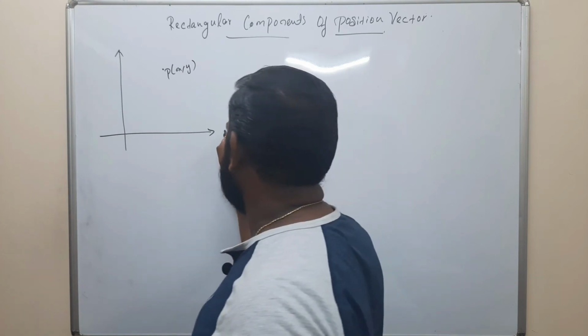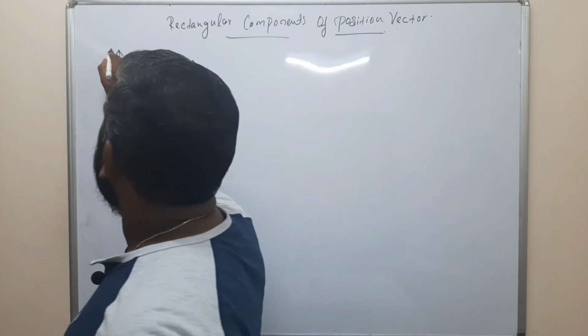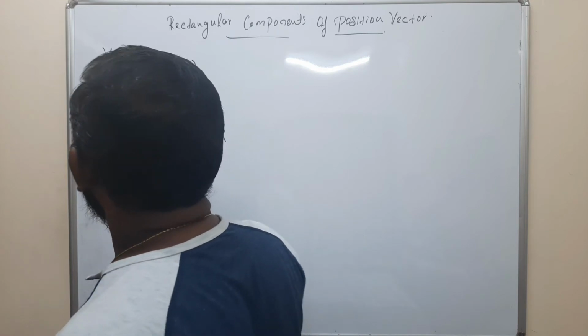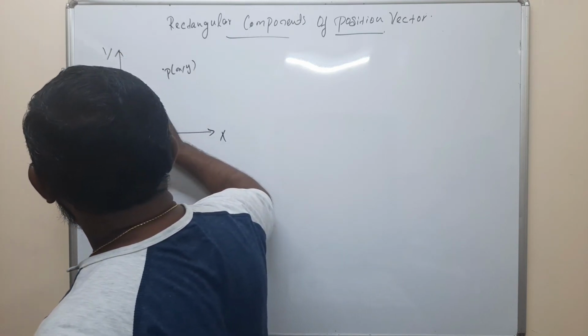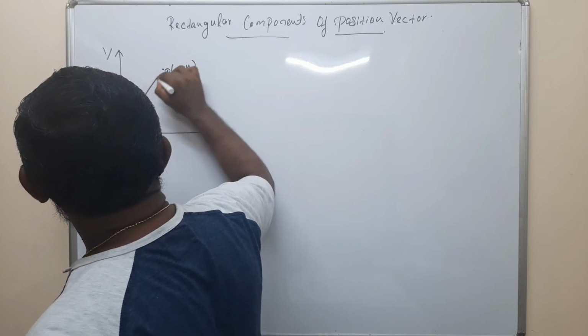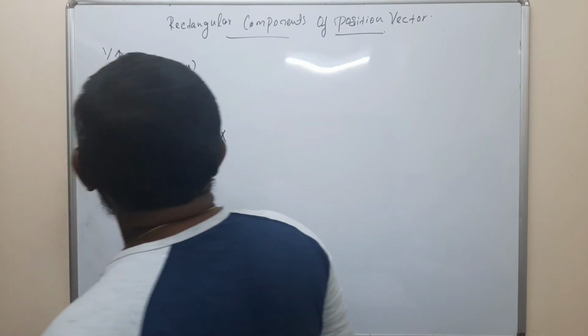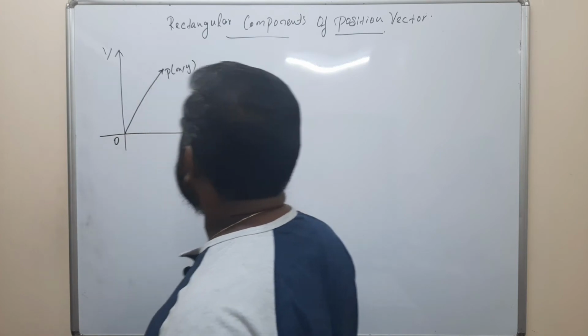So this is the x-axis and this is the y-axis. OP vector is the position vector.